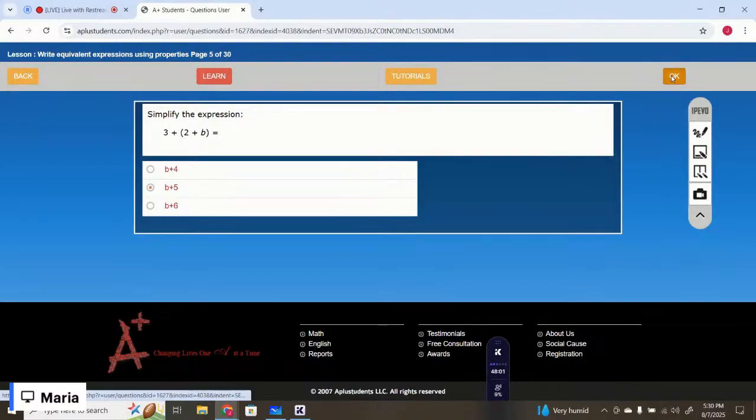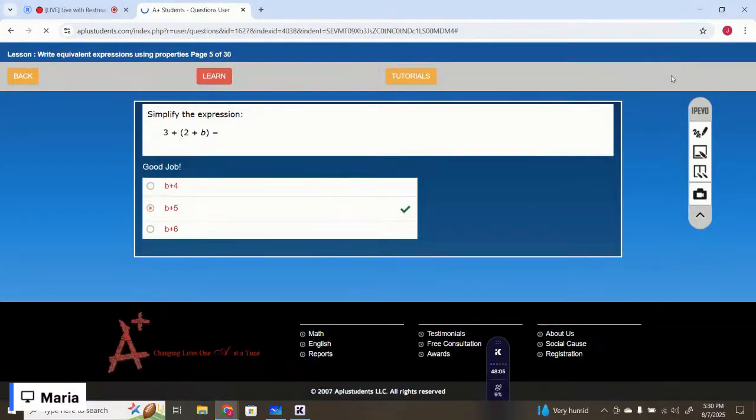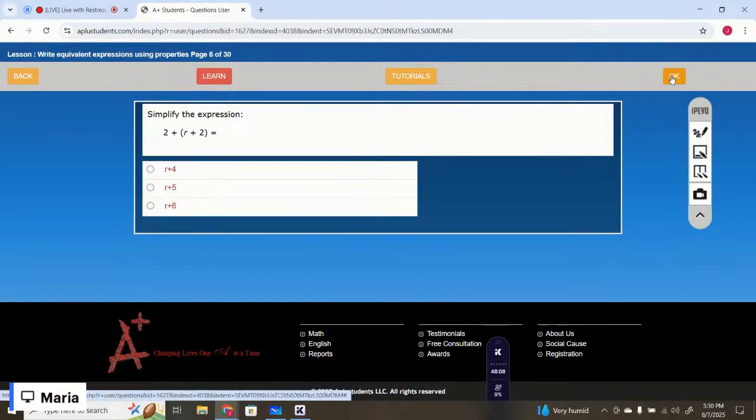Option number 2 is the correct option. Two plus R plus 2. That is R plus 5. Option number 2 is the correct option.